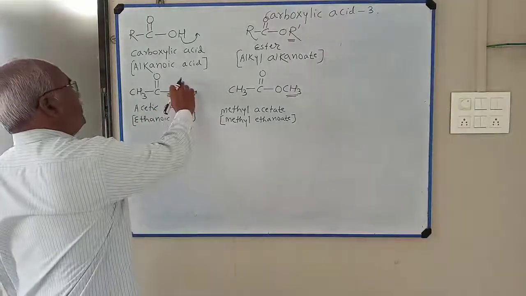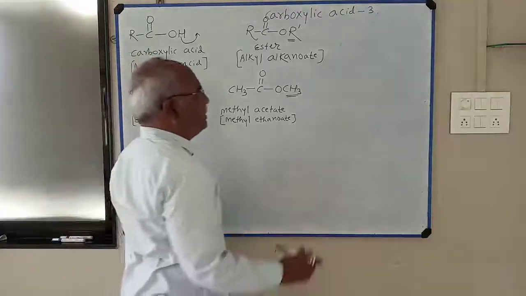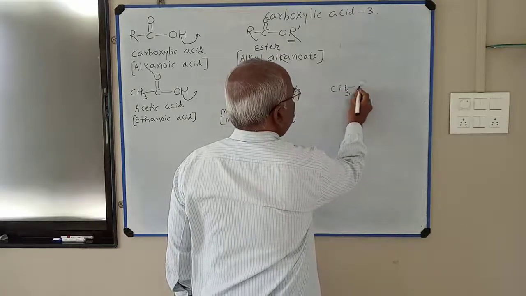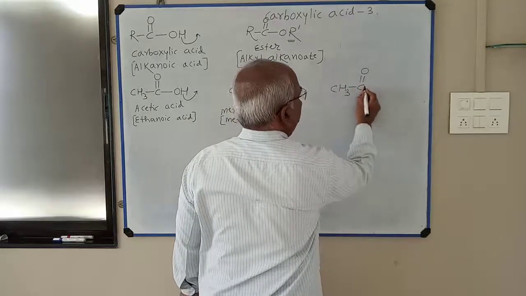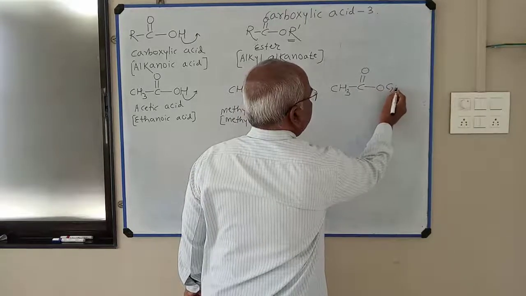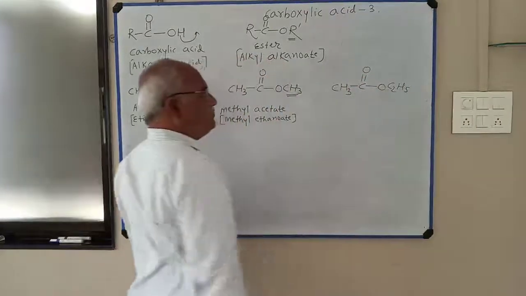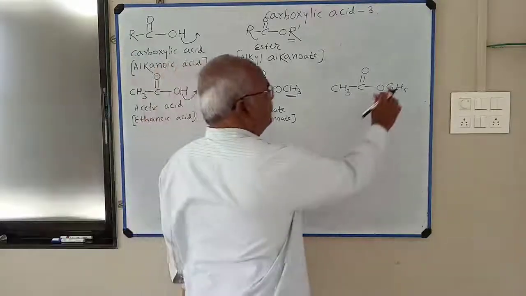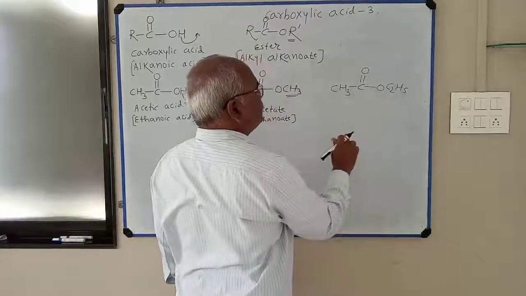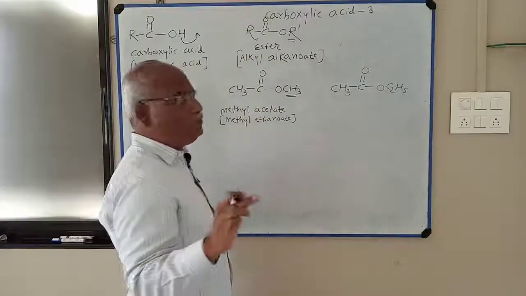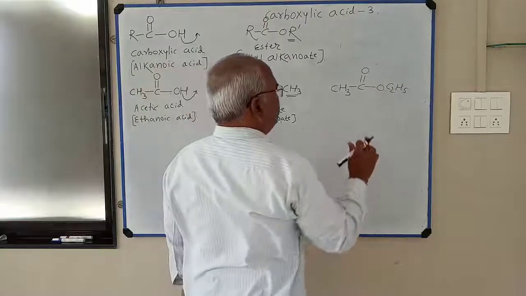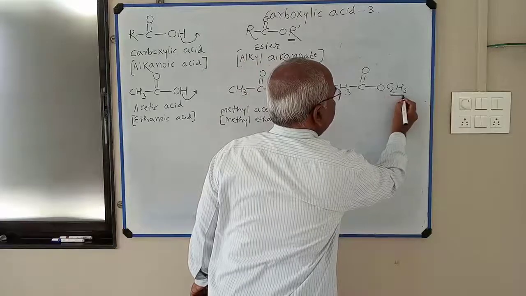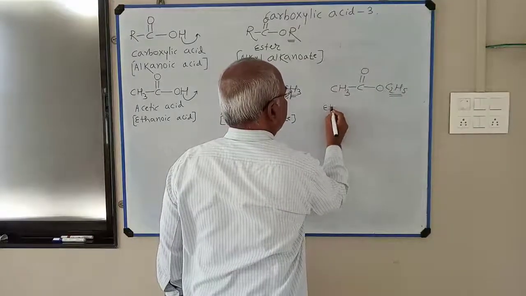I am going to take one more example. I remove hydrogen from this OH group and replace it by an ethyl group: CH3 single bond C double bond O C2H5. This is ester. We have to write the name of this ester in the common system as well as in the IUPAC system. It is a derivative of acetic acid. First write the name of this group, ethyl.